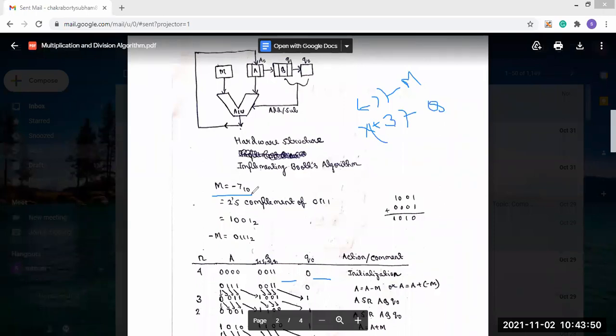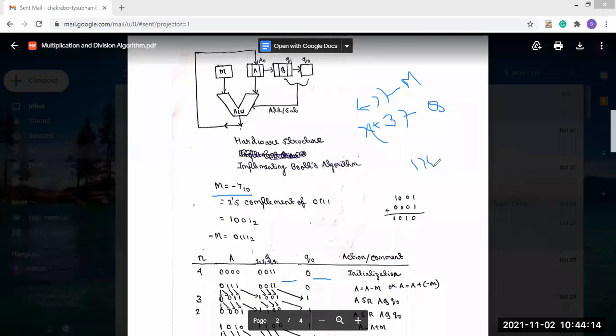Now for representing 7, how many bits are required? For representing 7, we require only 3 bits, because 7 converted into binary is 1 1 1.